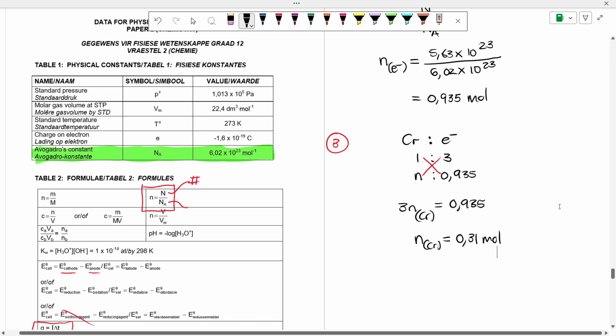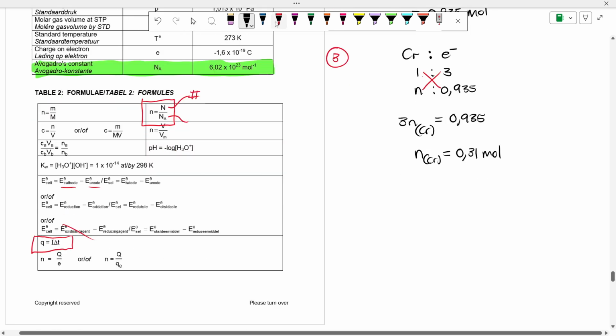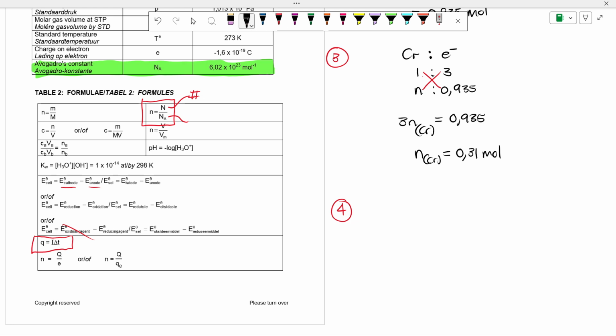Then from there, it's just finding the mass, and that's the simplest step. Step 4. It looks long, but once you establish what you're doing, it's not long. Then if I write the mass as the subject of the formula, 0,31. What is the molar mass of chromium? 52.